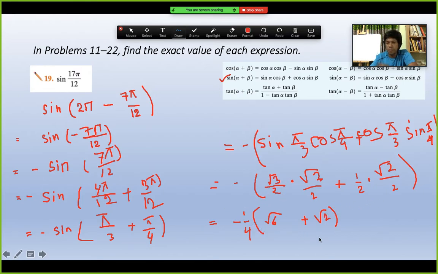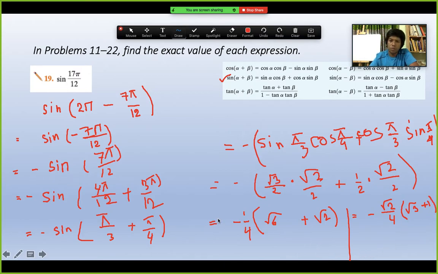That looks a little bit better to me. So this equals minus root 2 by 4, taking root 2 by 4 common, then root 3 plus 1. This will be the answer if we take that common.